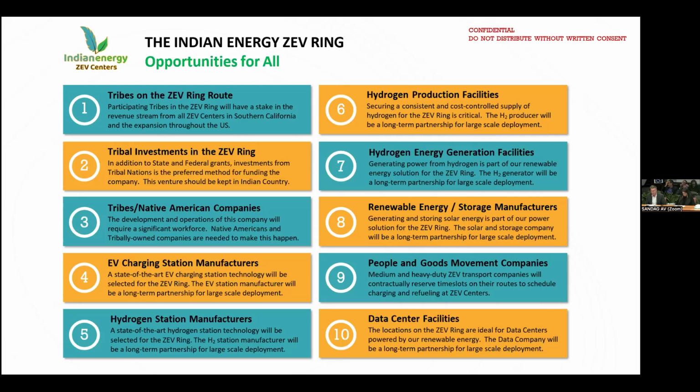I've kind of spoke to most of these, but one that is important here is number 9, which is the ability for the ZEV centers to schedule time slots for distribution and transport companies that are on their routes.